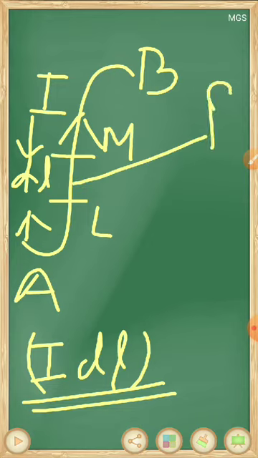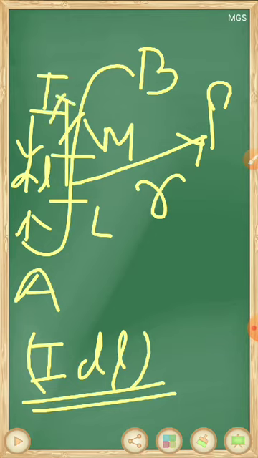P is the point where we have to find out the magnetic field due to this arbitrary shaped current carrying conductor. Its distance is r from the elementary element and this is your current element. Theta is the angle between the current element and the position vector r.